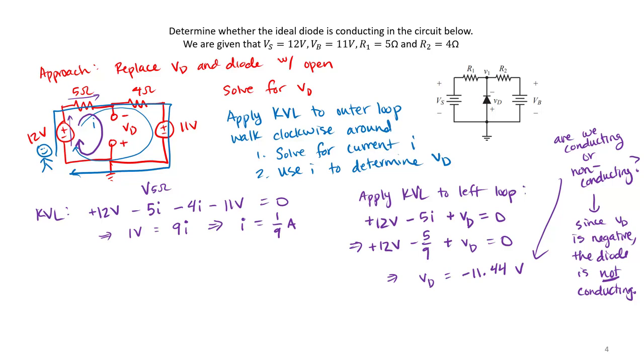Our strategy was to first assume the diode was not conducting, figure out how much voltage was happening across that diode, and that allowed us to determine the behavior of our diode. Remember, for an ideal diode, as long as the voltage is not negative, we're conducting. In this case, our ideal diode indeed had a negative voltage, so our diode is not conducting.